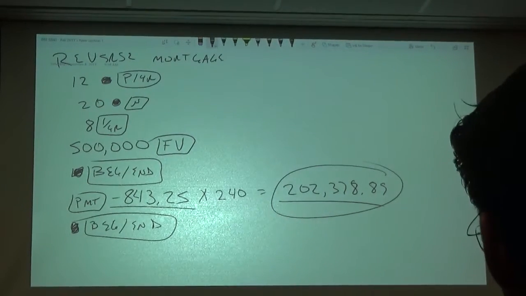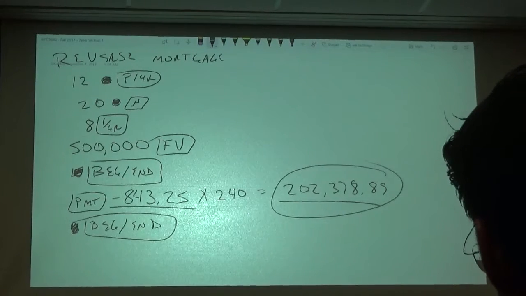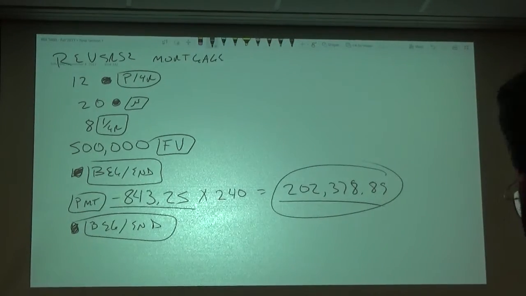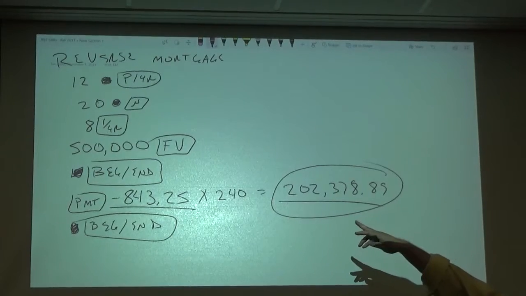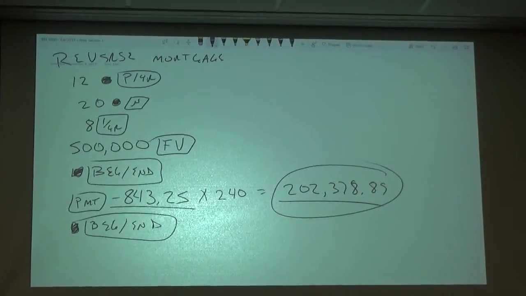Yeah, they're getting a monthly payment, the retiree, of $843 a month for the next 20 years, but the reality of those payments is it's less than half of what they would have gotten today if they just sold the house and then potentially used that money to pay rent on an apartment or some other property for the next 20 odd years.